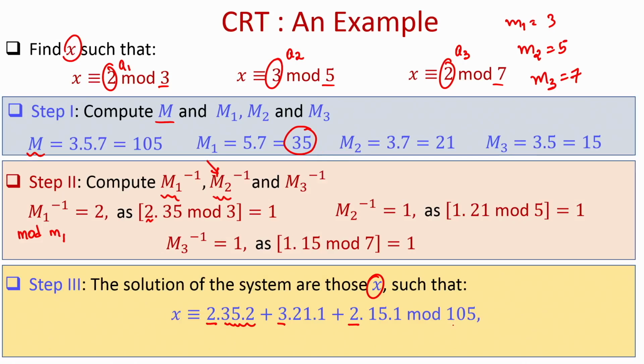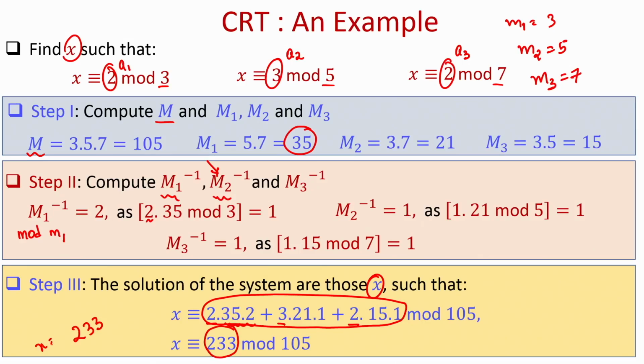Okay. So, this will be the value of x. Now, this x will be 233 modulo 105. So, our goal is to find out the unique solution. Of course, 233 is a solution. If I take x equal to 233, you can verify that it satisfies this system of linear equations, but we want to find a unique solution in the range 0 to 104.